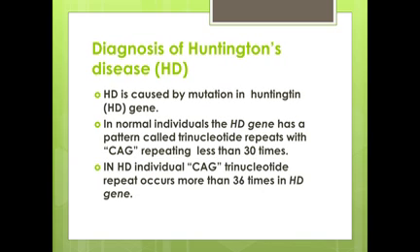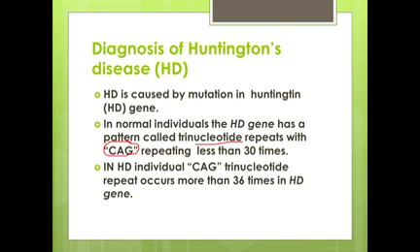Huntington's disease is caused by a mutation in a gene which is called the huntingtin gene. In normal or non-Huntington individuals, this HD gene has a pattern called trinucleotide repeats. That trinucleotide repeat consists of three bases which are repeated several times: C, cytosine, A, adenine, and G, guanine.